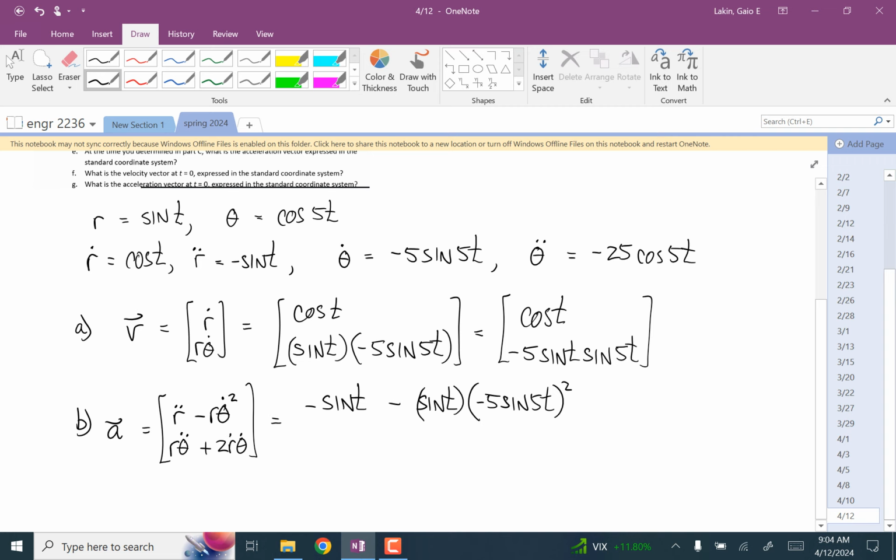And then for the theta component, the second component, sine of t times negative 25 cosine of 5t plus 2 times cosine of t times negative 5 sine of 5t. And you can simplify that, but I'm out of room, so that's all I'm doing.